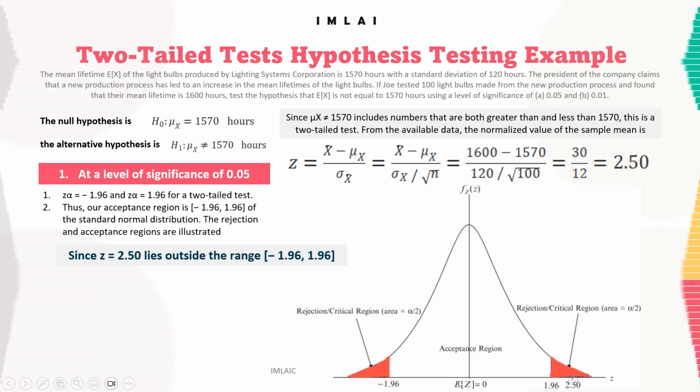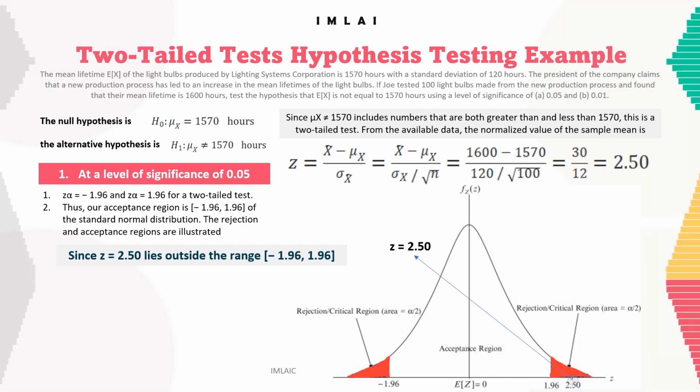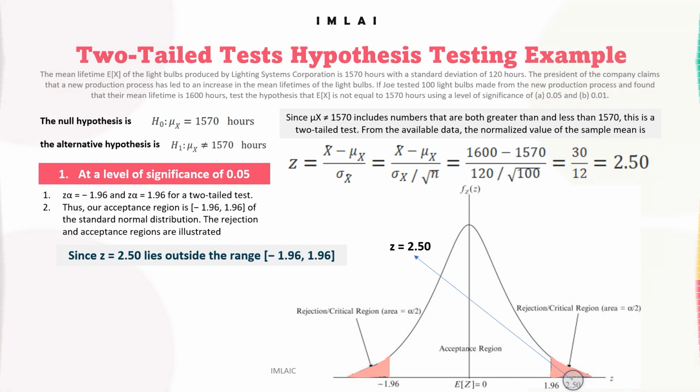This is the acceptance region, and the z statistic lies outside of it, on the right side of 1.96, which is a rejection region. So this z statistic, 2.50, fell inside the rejection zone.